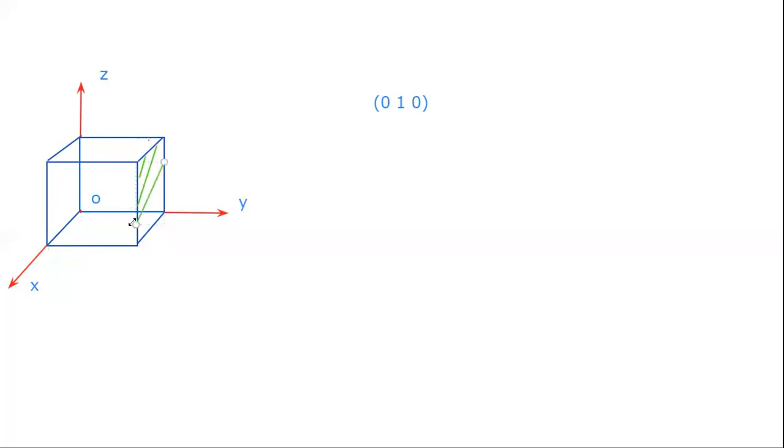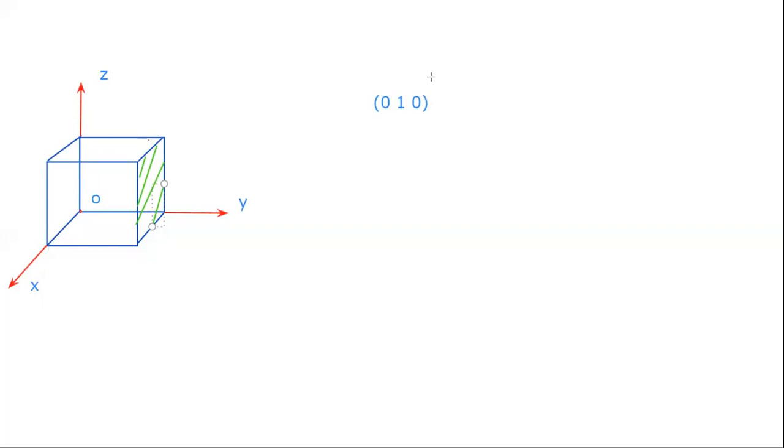It is difficult to draw here like that. So this face is the 0 1 0 plane. So X is 0, Y is 1, Z is 0. So we consider only this front plane. So this is the 0 1 0 plane.